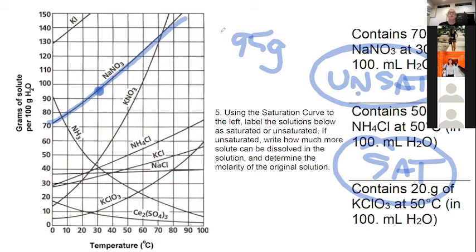Each salt is going to be different. That's the one confusing thing. Every salt has a different solubility. You can see that potassium iodide is just insanely soluble, and then you have something like cesium sulfate, which is not terribly soluble at all.